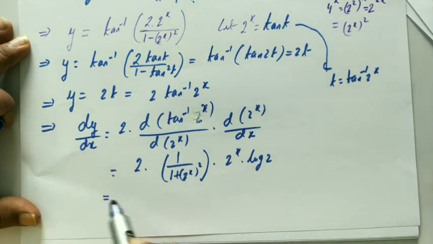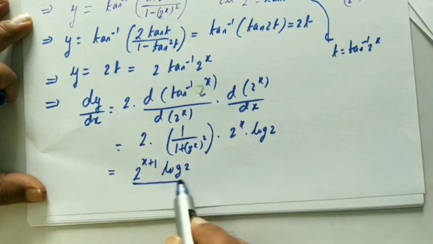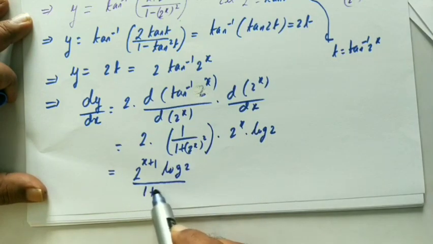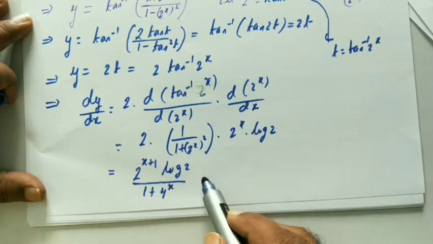This can be written as 2 to the power x plus 1, this into this, log 2 by, and again 1 plus 4 to the power x. This is the answer.